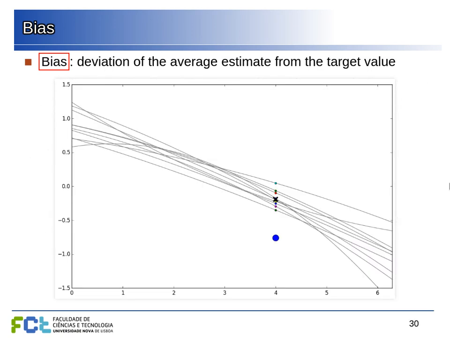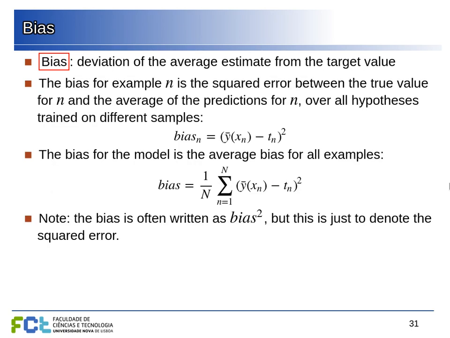So, for example, here, this is the average prediction over a large set of hypotheses. And we compute the difference between that average and the true value of that point. And this squared will be the bias for that point. If we want the bias for the model, we average that for all the points that we are considering.